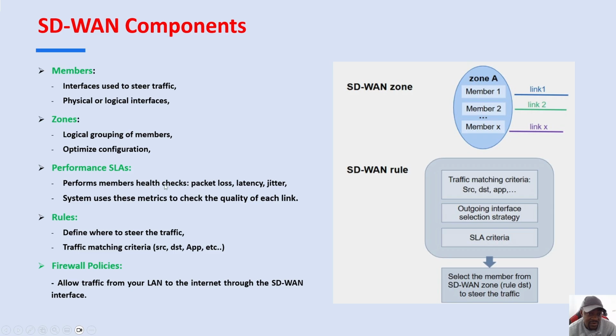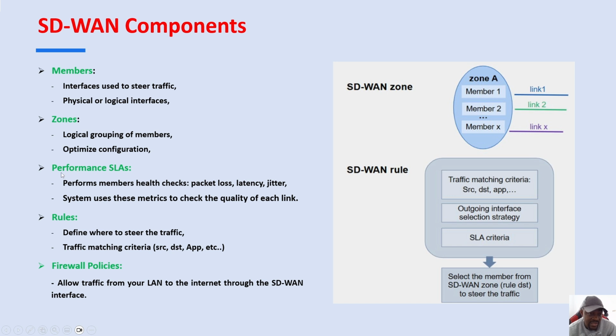The health of each member is based on the percentage of packet loss, the latency, and the jitter of the link. Based on the information you get for each of the SD-WAN members, SD-WAN is going to decide which link is performing better, and based on that, it will know which traffic needs to be redirected to that link. This is how performance SLA works.